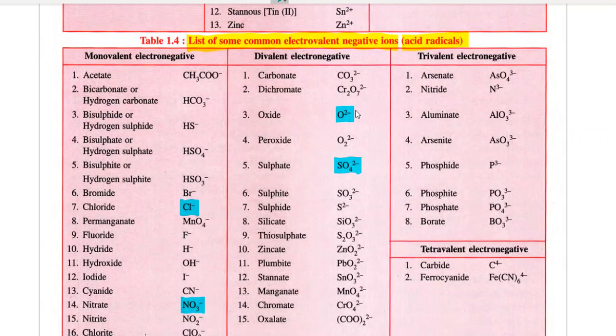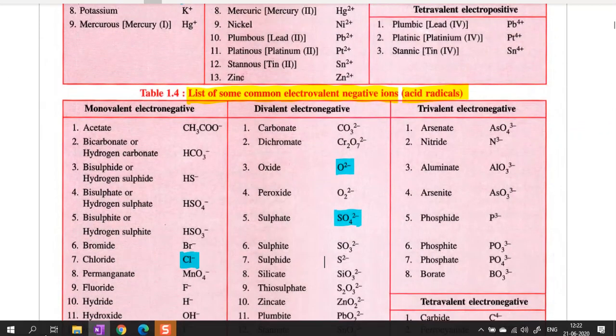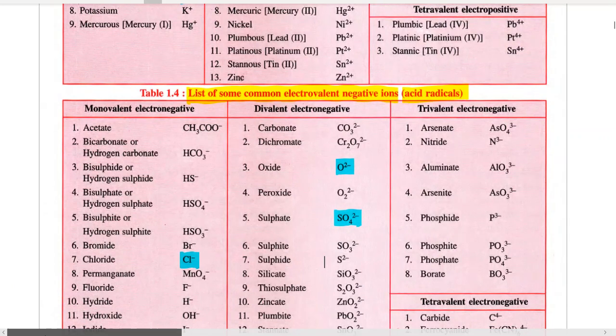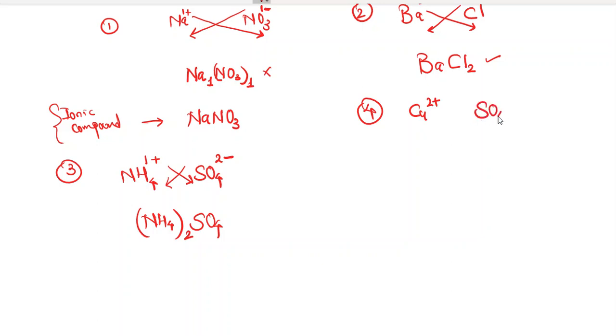Why not? Copper oxide, very famous. Cu2 plus and O2 minus. I'm just taking random examples just to show you how chemical formulae are formed. Copper, Cu2 plus, sulfate, SO4 2 minus.